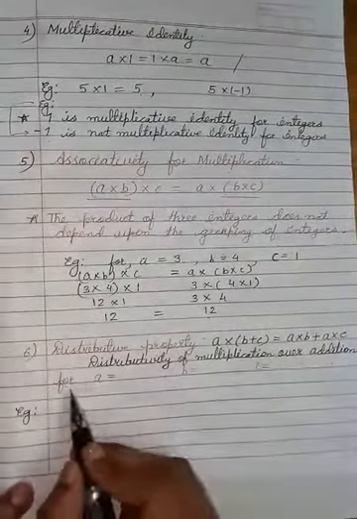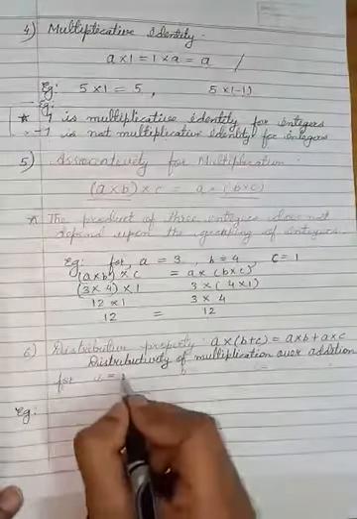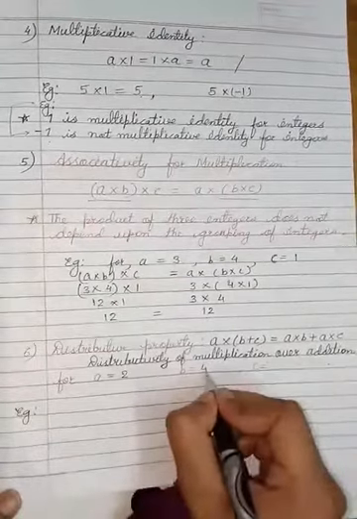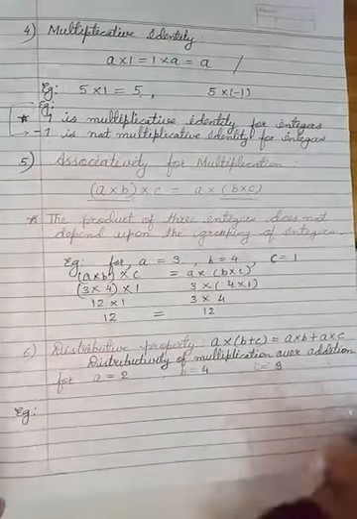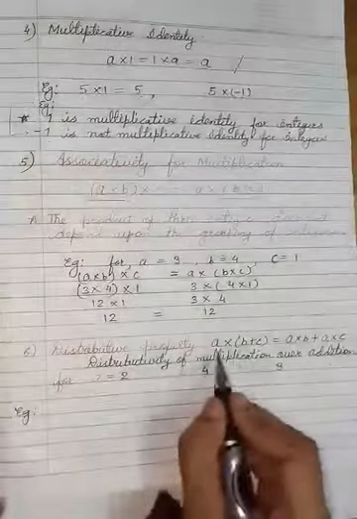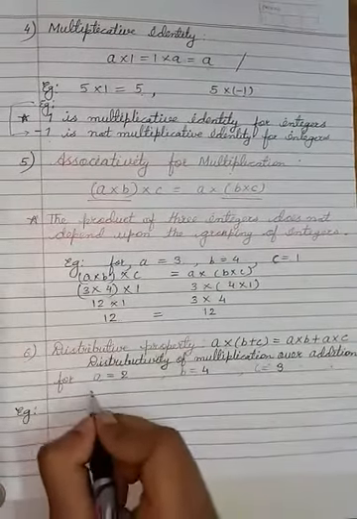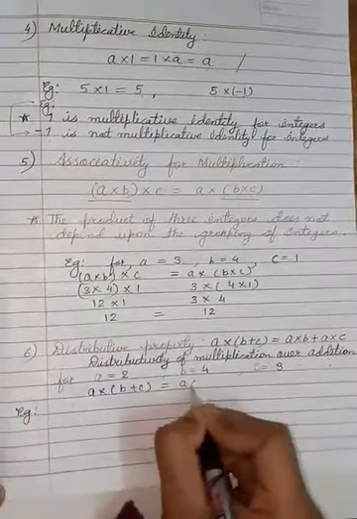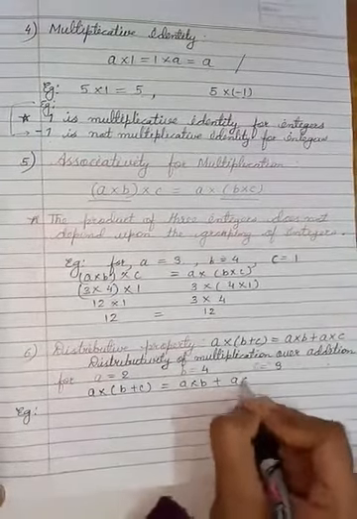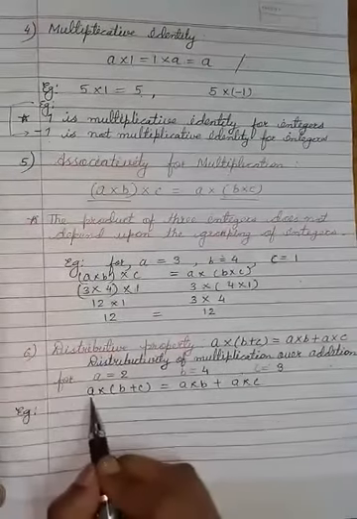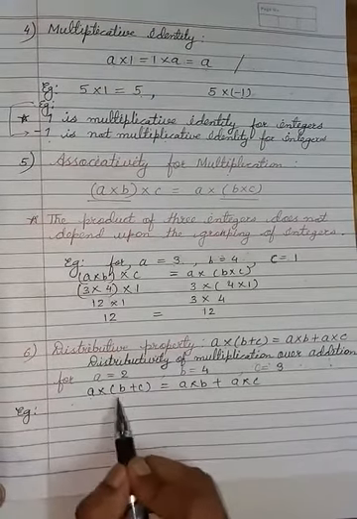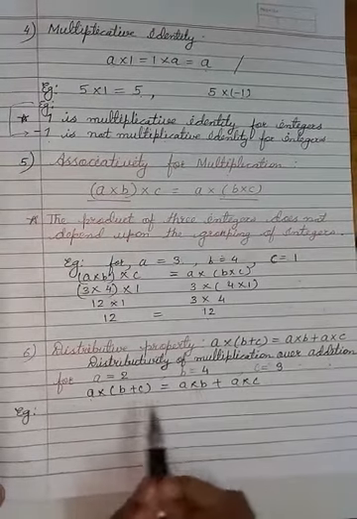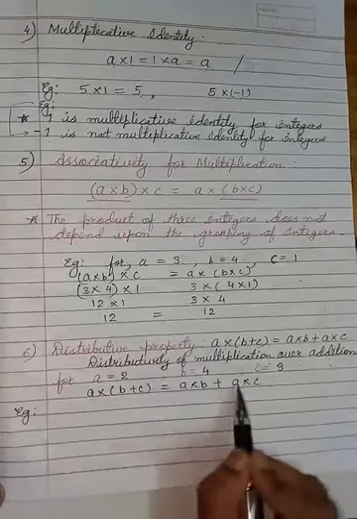Here we can assume a equals 2, b equals 4 and c equals 3. What we are doing is first multiplying a by b, then multiplying a by c, so a into b plus a into c.